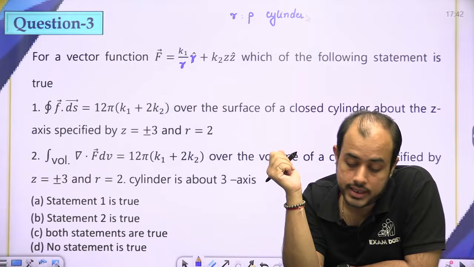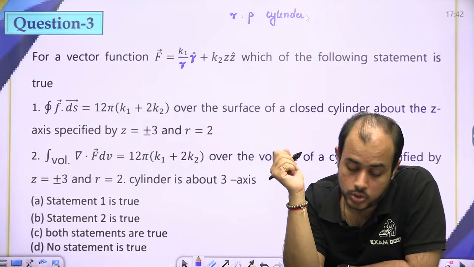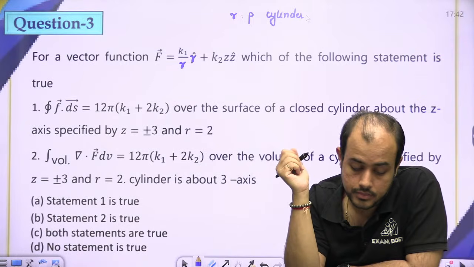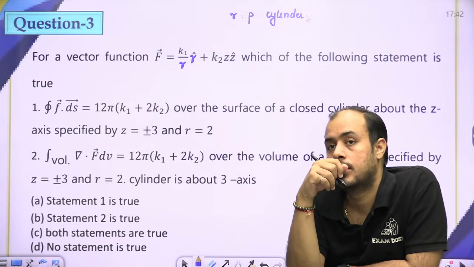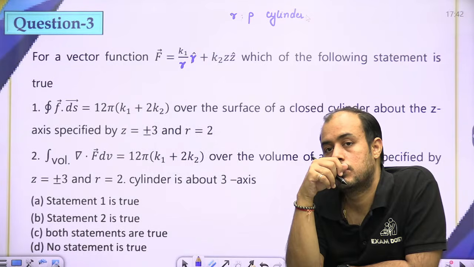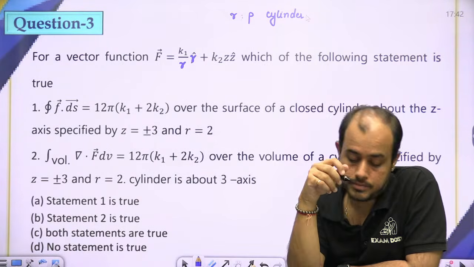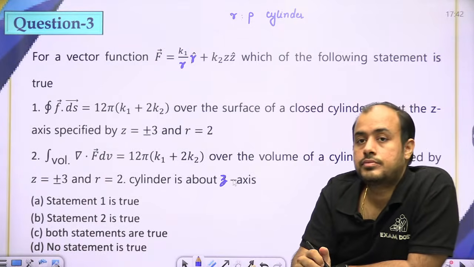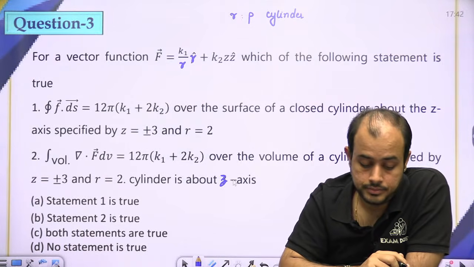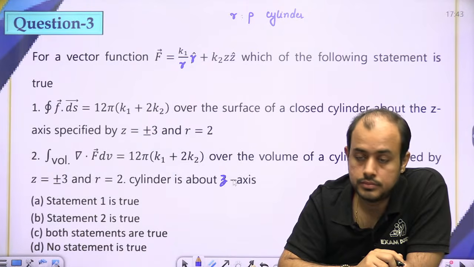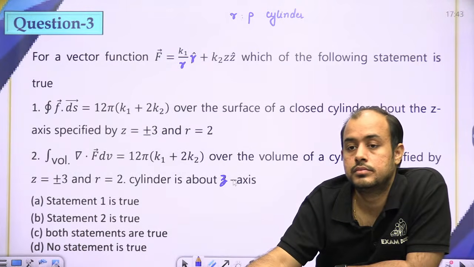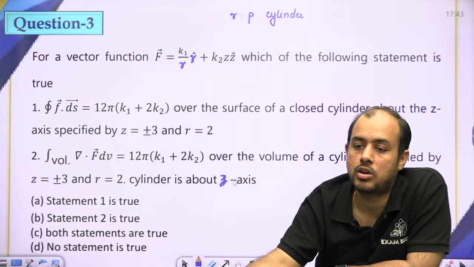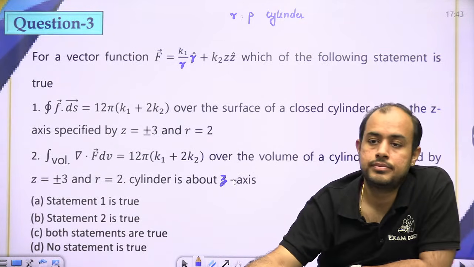So F dot ds over the surface of a closed cylinder. Okay. The side is not 1, son; draw the square and you get the side as root 2.